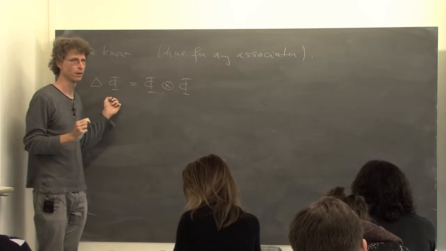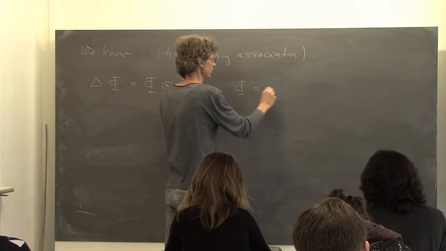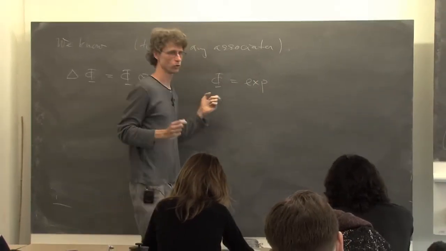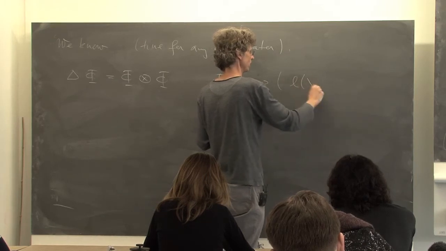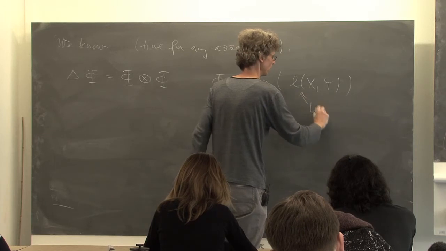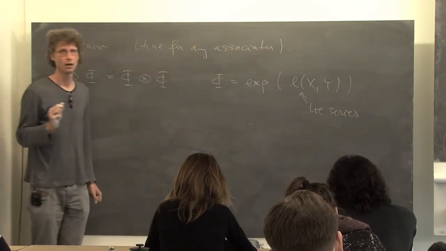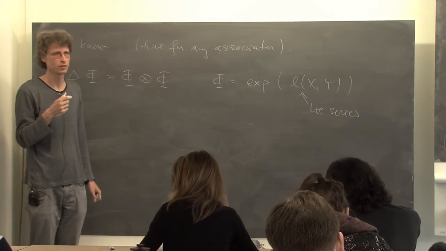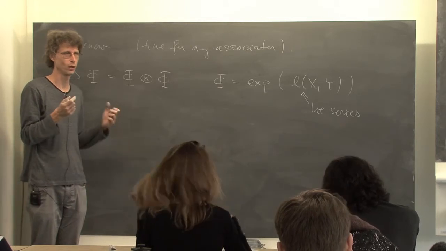This is one thing, which in particular means that phi is equal to the exponential of some Lie series L(x,y). And one more thing we know is that this Lie series contains no x and no y by themselves.